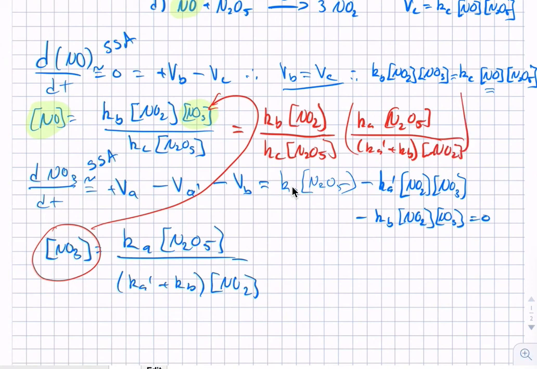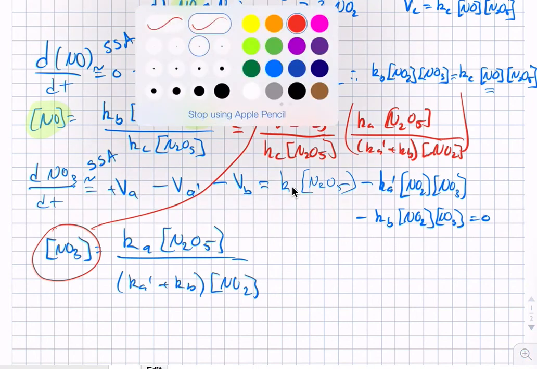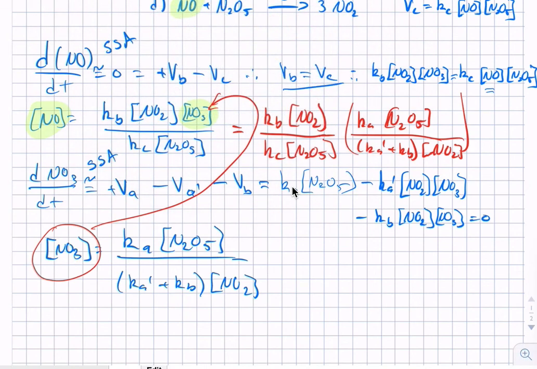So what do we notice here? Perhaps surprisingly, NO2 will cancel with NO2, N2O5 will cancel with N2O5, and we're left with a collection essentially of rate constants.